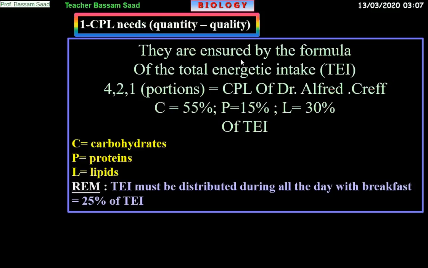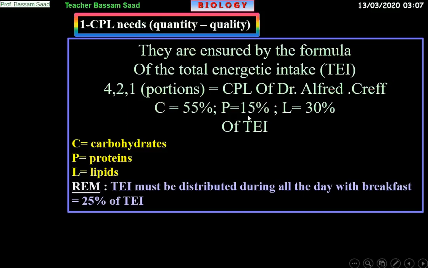Suppose another example. Suppose that the total energetic intake of a given individual is 2,500 kilocalories. What is the amount of energy that must be provided by carbohydrates? Okay, it's simple. 2,500 times 55 over 100, and like this you can find the amount of energy that the carbohydrates provide for the individual.